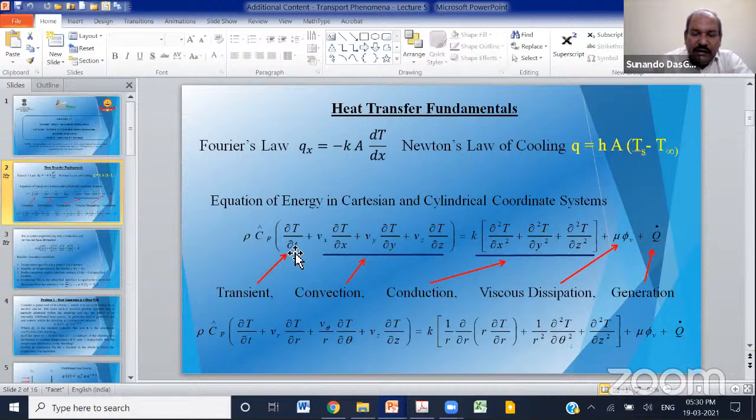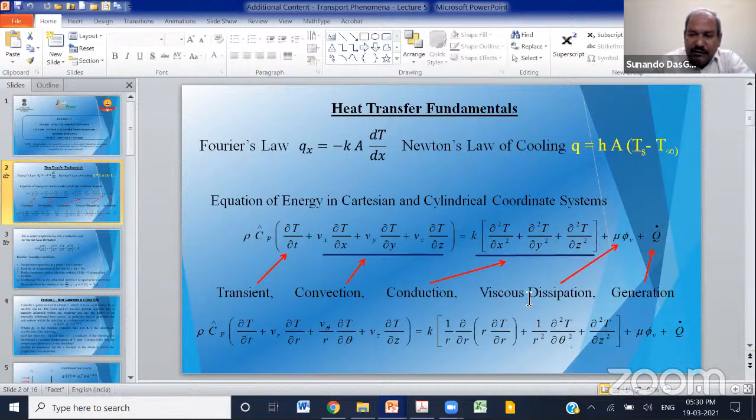So the transient effect and the convection on the left-hand side of the energy equation are related to the conductive heat flow, which is characterized by the double derivative of temperature if they follow Fourier's law. So it's k del 2T by del x square, k del 2T by del y square, and so on.